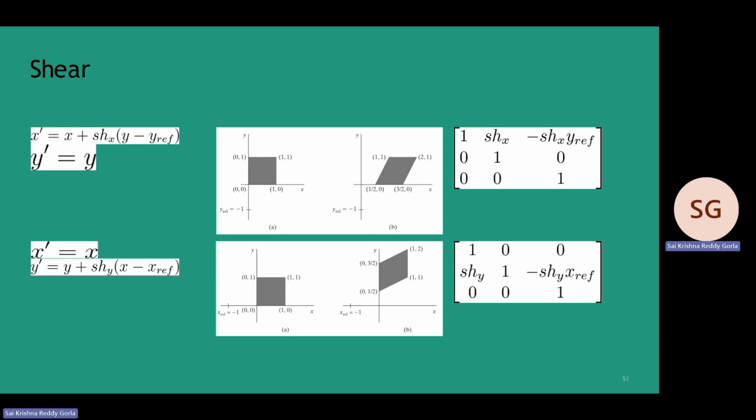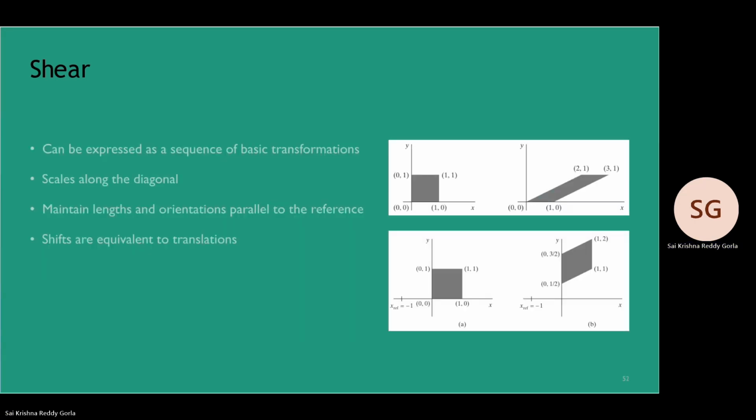You can see the matrix of the y axis coordinates, and it can be expressed as a sequence of basic transformations, scales along the diagonal, with the shear maintaining the length and orientation parallel to the reference in the image. Shifts are equivalent to translations.